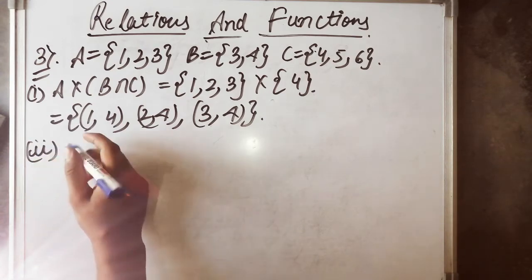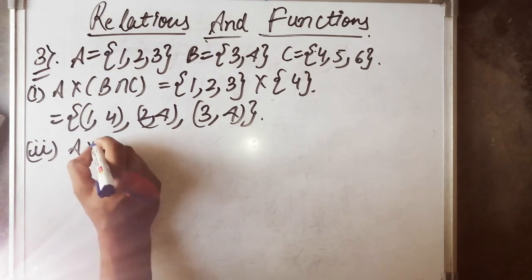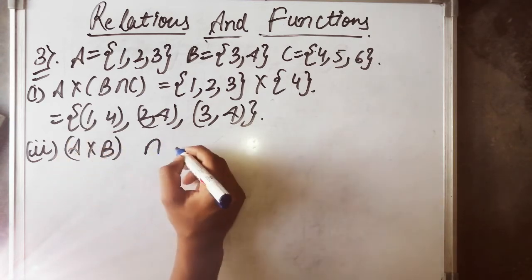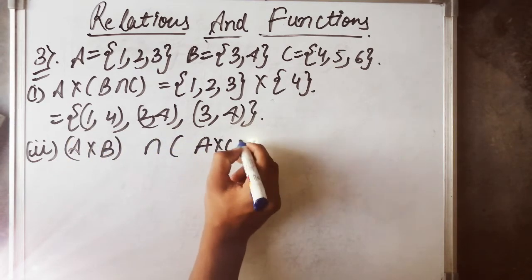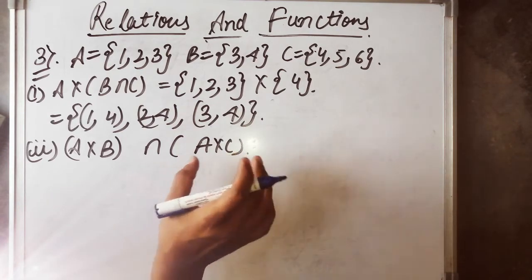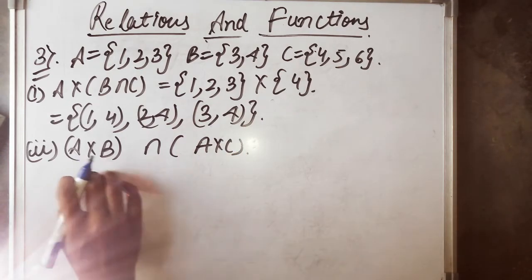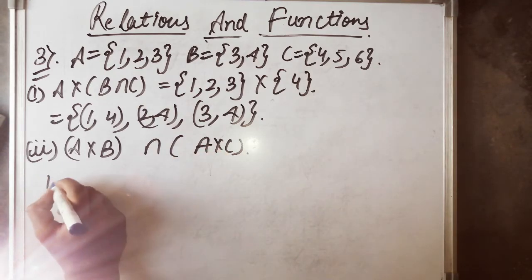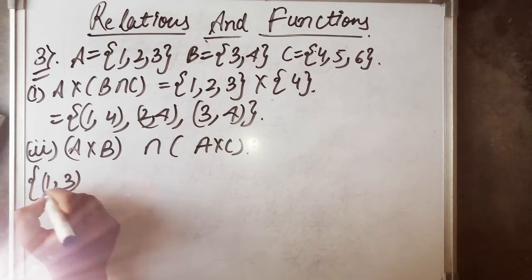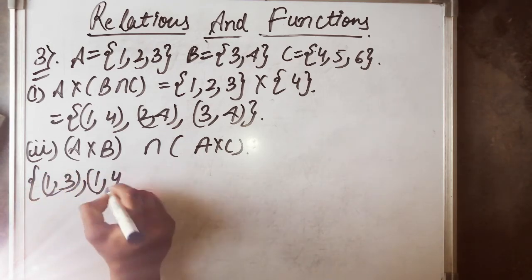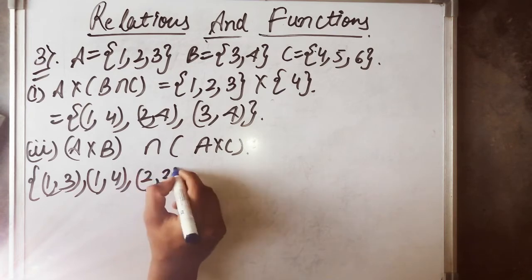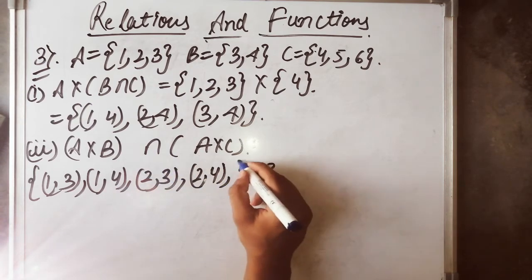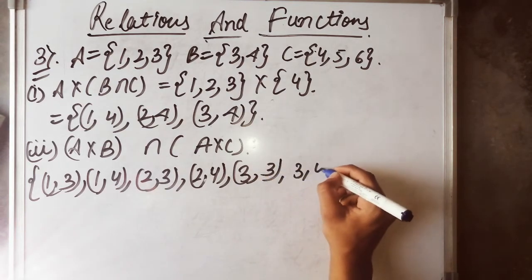Let's take the second part, which is (A cross B) intersection (A cross C). First we need to find A cross B and A cross C, then we find the intersection. A cross B is (1, 3), (1, 4), (2, 3), (2, 4), (3, 3), (3, 4).